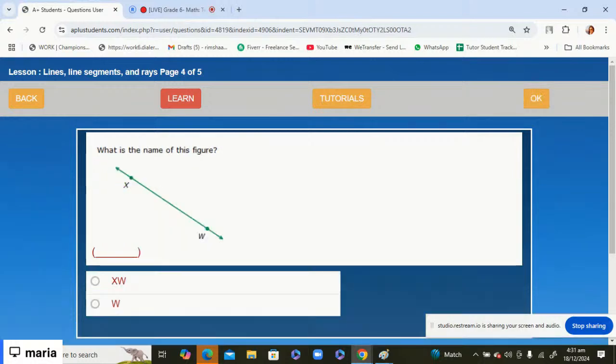Now you guys tell me the answer of this one. What is the name of this figure? There are no end points over there, no end points.